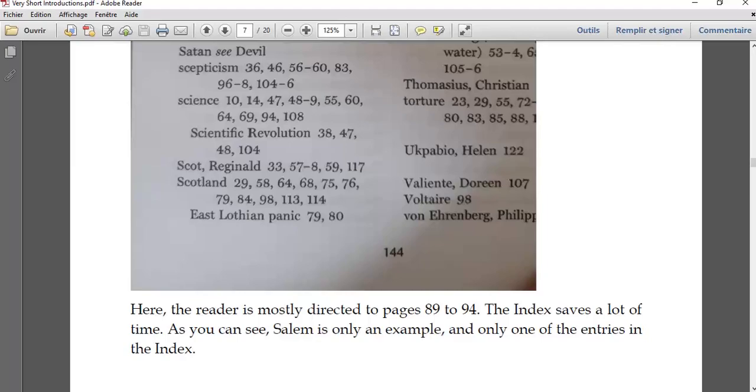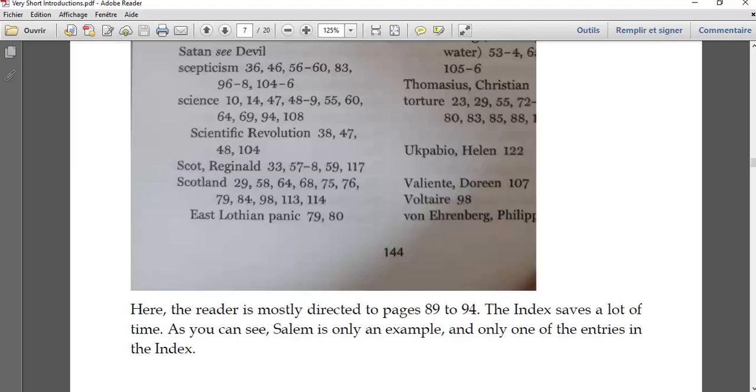As you can see, Salem is only an example and only one of the entries in the index, so it's very important for any type of reference book that you use to look up the index. If there is no index, it might be a bad book, and this is also something I should tell you about. If there is no index, possibly this is a book that should not be trusted that much.